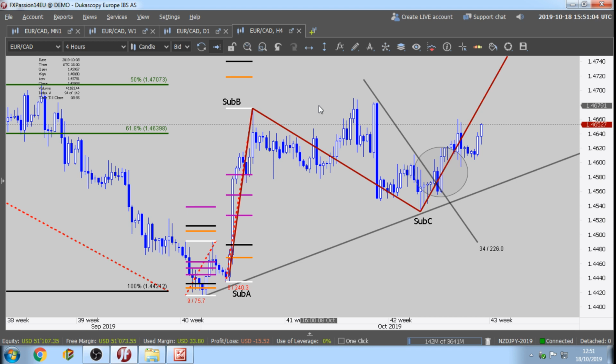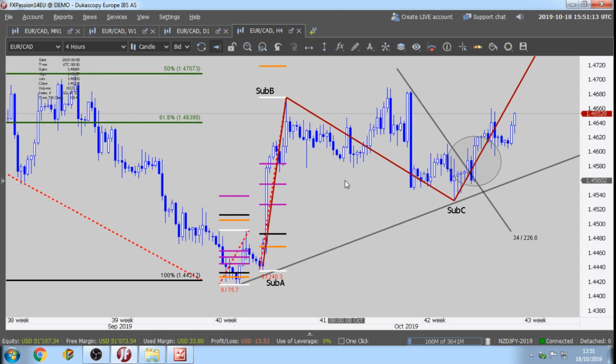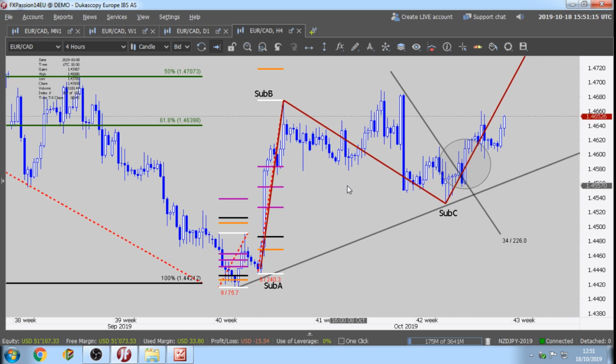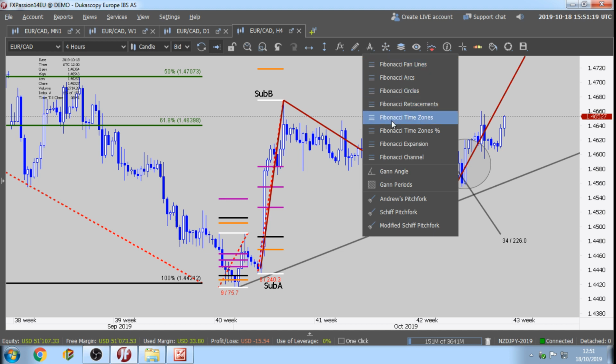Yes, Passion, I don't like the Fibonacci's. No problem, go find another tool. Okay, you can learn about what is Ichimoku. You have many tools. You have what? Fibonacci, you have Gann if you want. Gann periods here on JForex.